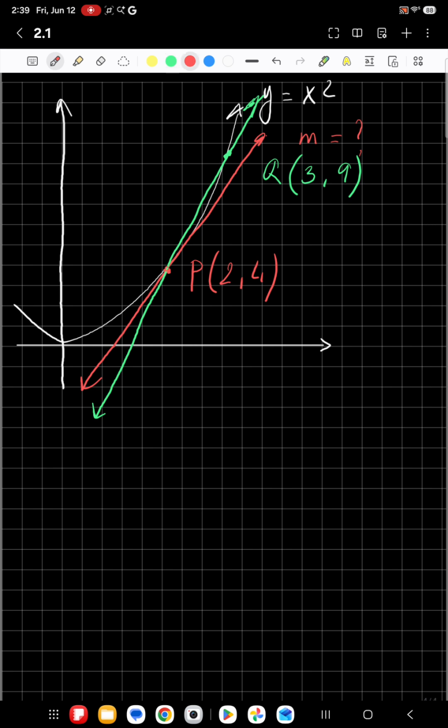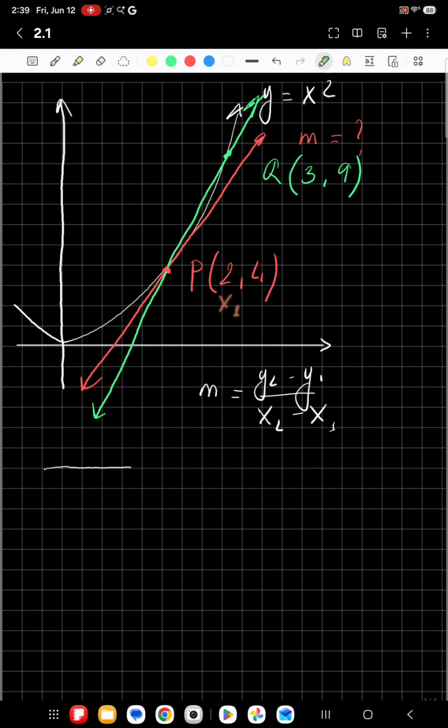Calculating slope is trivial. You just take the formula for slope: y2 minus y1 divided by x2 minus x1. This is y2, x2, and this will be y1, x1.